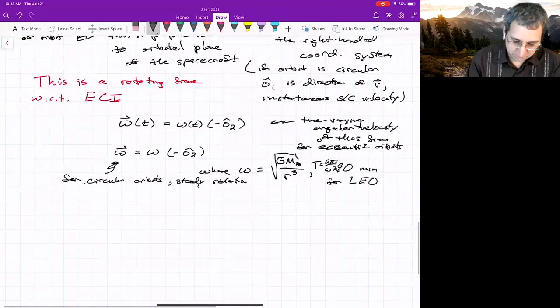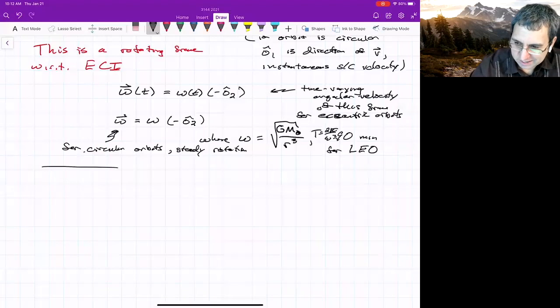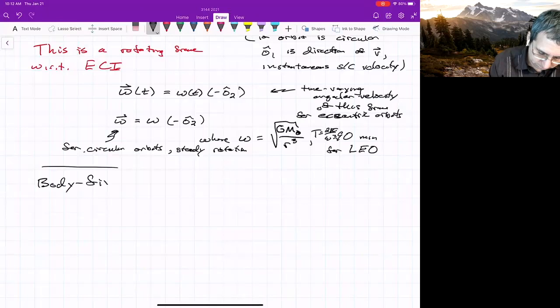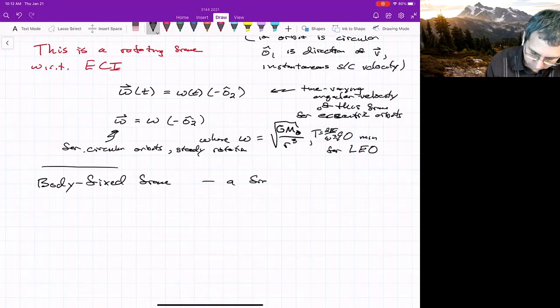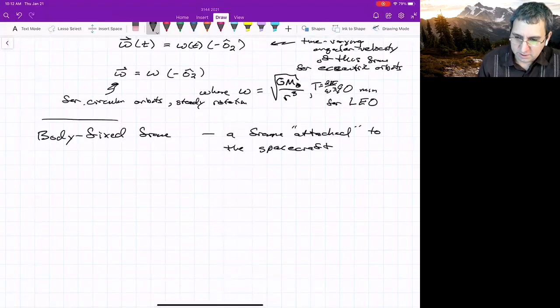So there's the spacecraft or body fixed frame. This is a frame attached to the spacecraft, and it's typically denoted by B unit vectors.